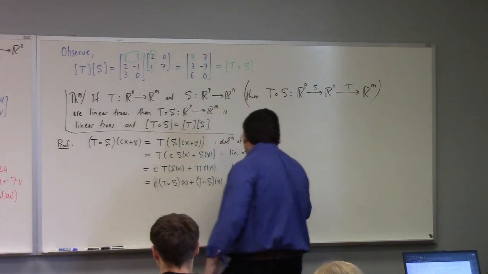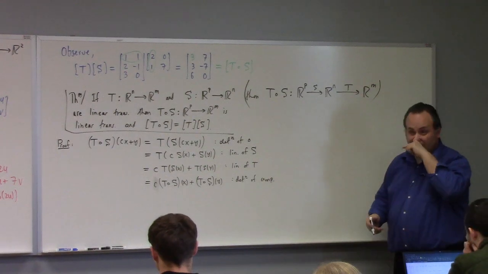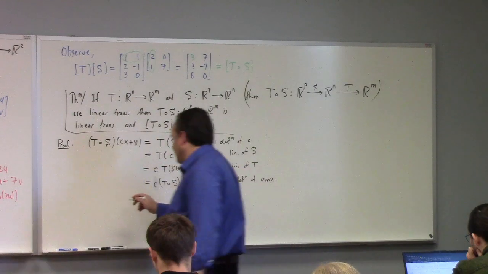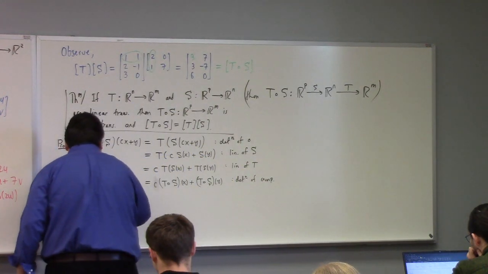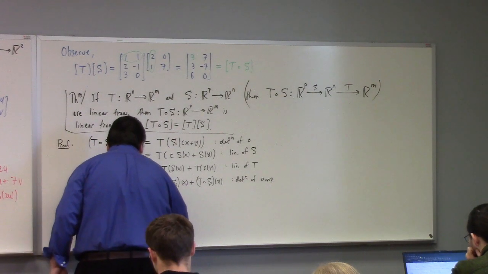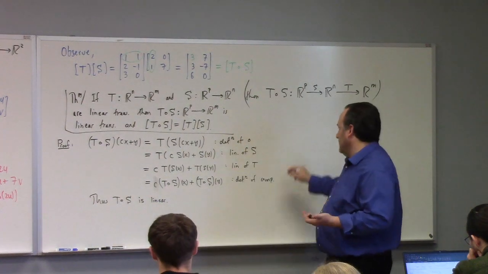Definition of composition. But this holds for all x and y and all constants, right? Thus, the composite of two linear transformations is linear. So that's the first half of the theorem.